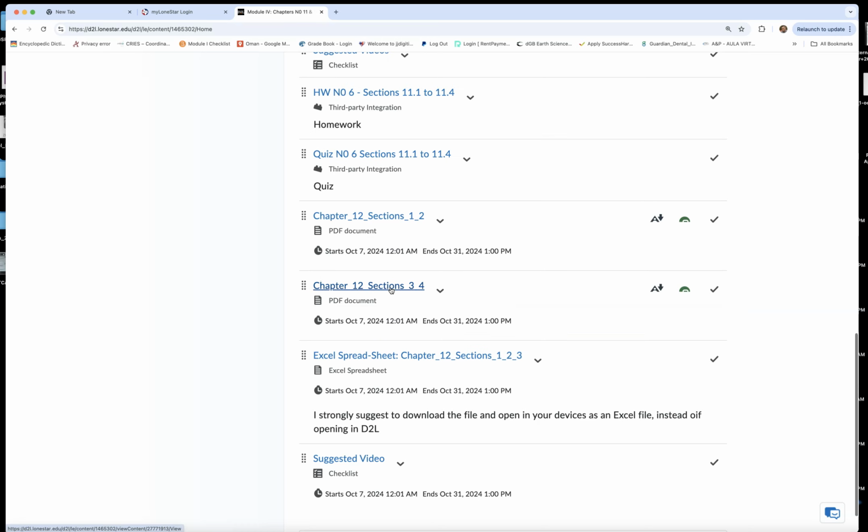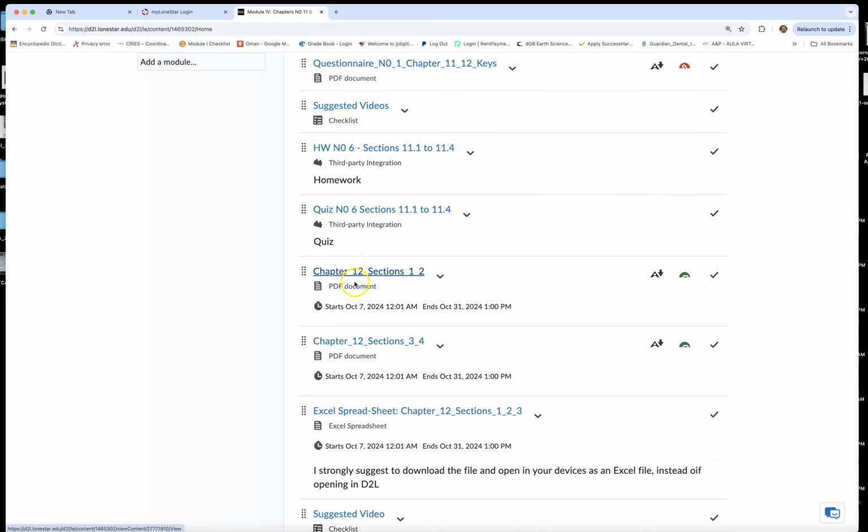So you have what we're going to cover during this week: the lectures corresponding to sections 1, 2, 3, and 4, the whole chapter, and also a spreadsheet that allows you to compute what you learn here about how to compute the different types of central tendency, how to make a graph of the frequency distribution, how to make another type of graph such as the stem-and-leaf graph, and also how to estimate the standard deviation.